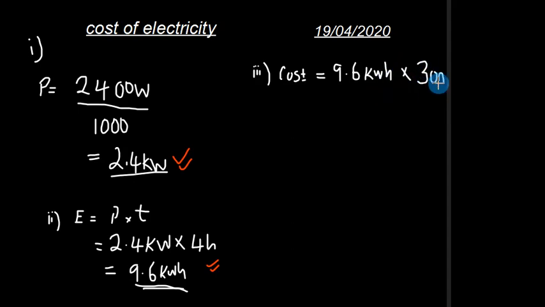So what you can do here is you can express your 30 ngwe in kwacha. So this gives us 9.6 units multiplied by, let me say units or kilowatt hours, like I have already started. Kilowatt hours, then multiplied by 30 ngwe in kwacha.